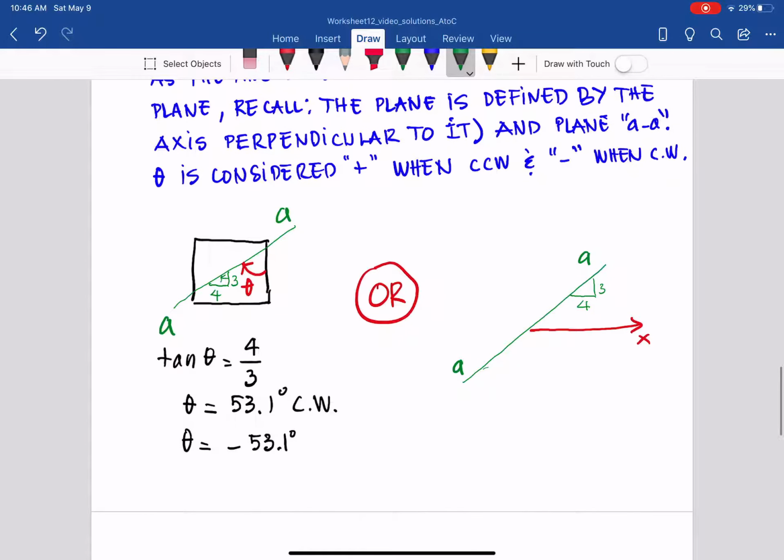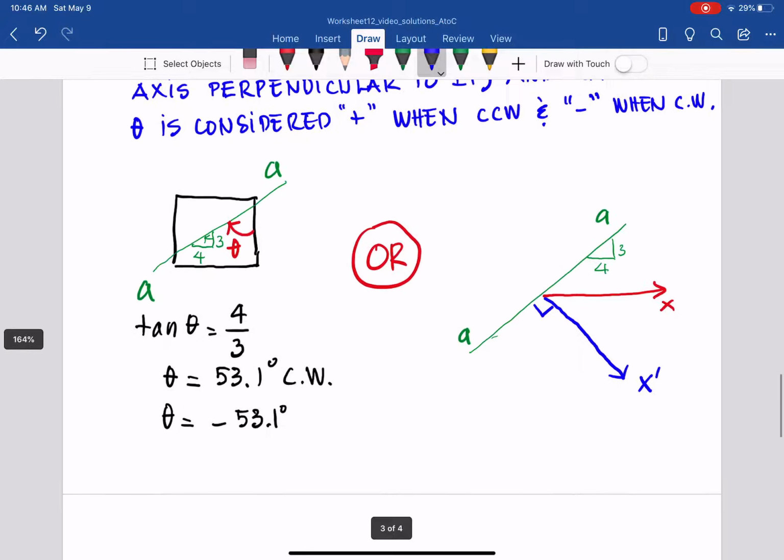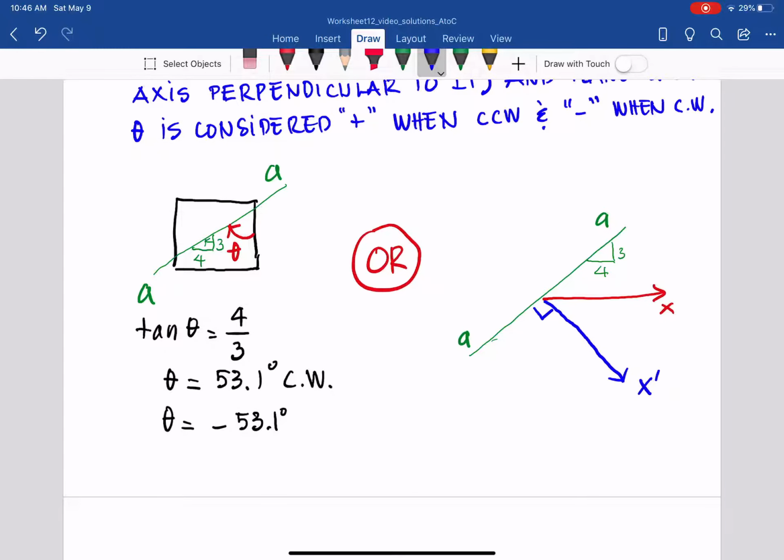The plane AA is defined by the axis perpendicular to it, which is basically the x apostrophe axis, so we can say AA is the x apostrophe plane.